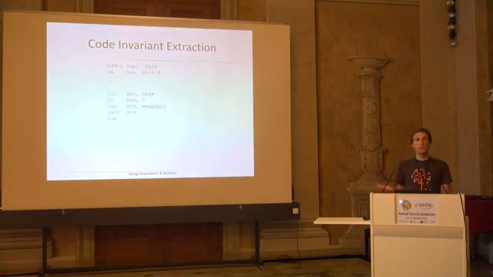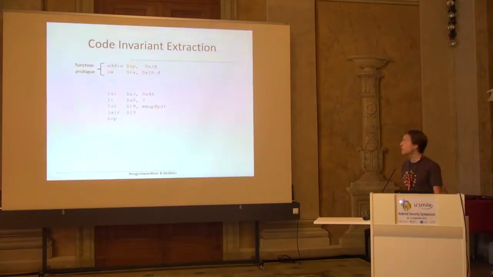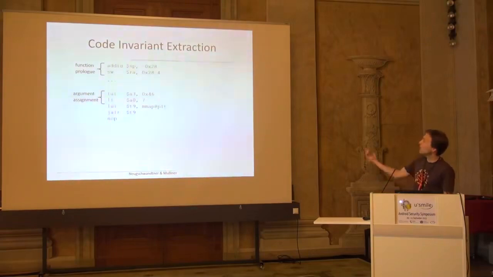Okay, given all that information, we now need to inspect the binary, right? So we need to take a look at the binary on the disk. And here we have a function prolog. Say this is the assembly code that is stored on the disk, where we reserve some stack space. We have the argument assignment. Here we can see the arguments being loaded into the argument registers.